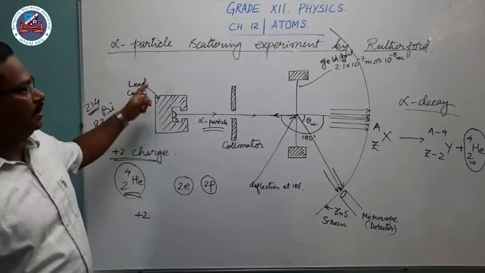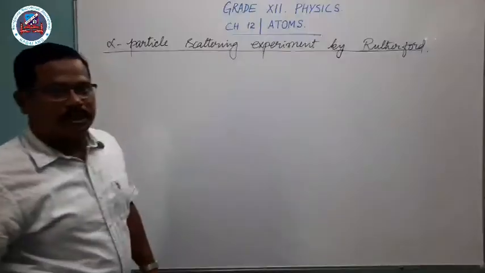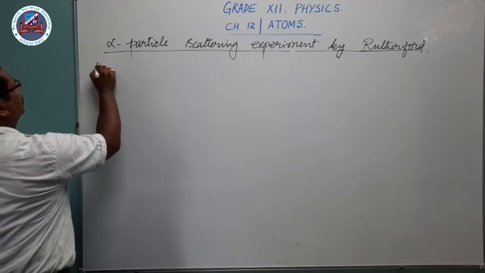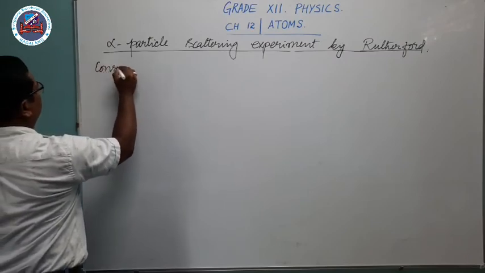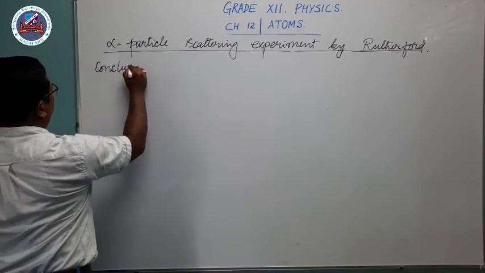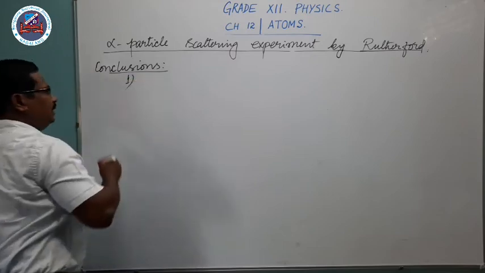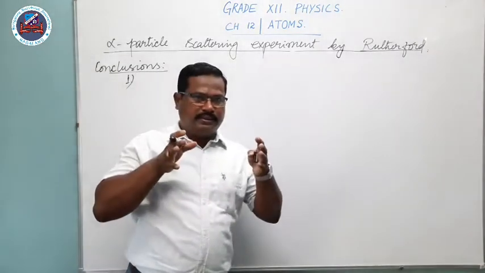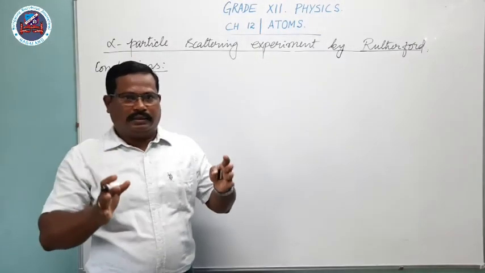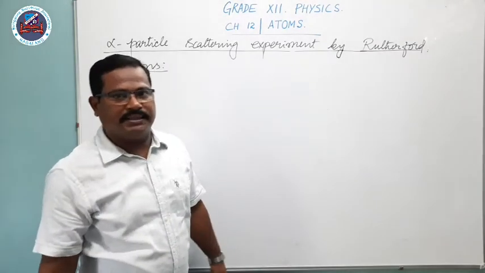Then we will now discuss the conclusions made by Rutherford. The first point is that most of the particles went undeviated, they went straight. It indicates that an atom has a lot of empty space in it.